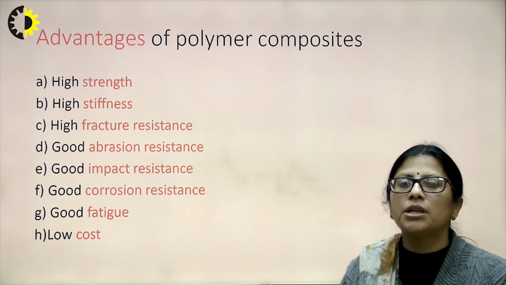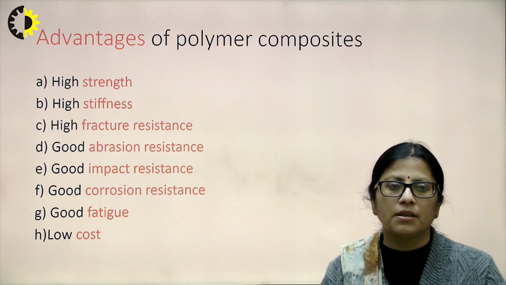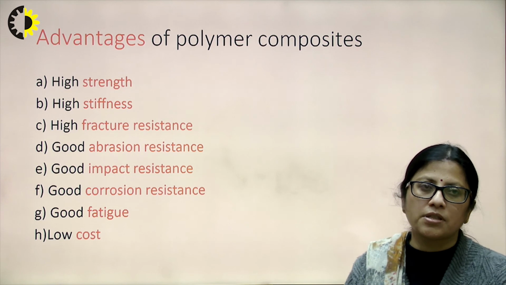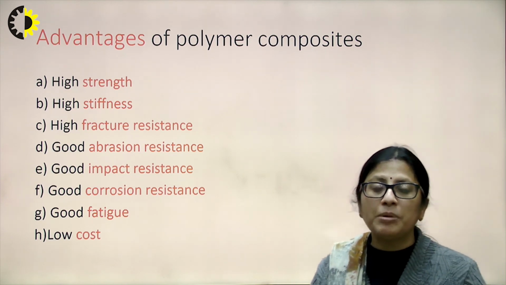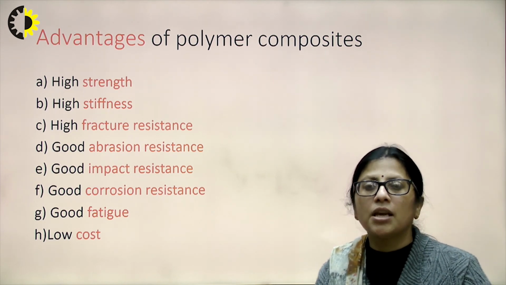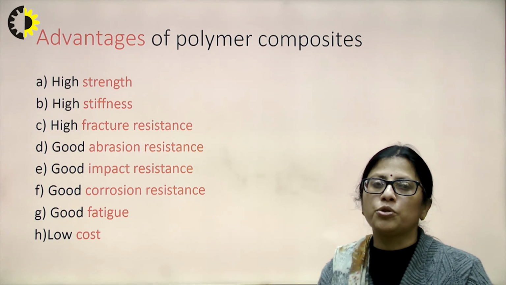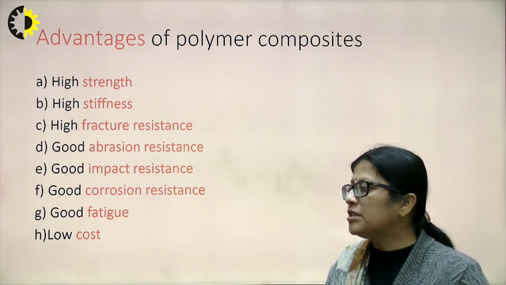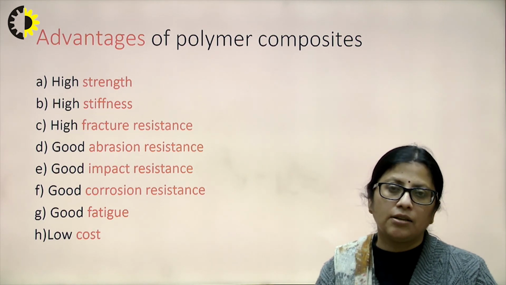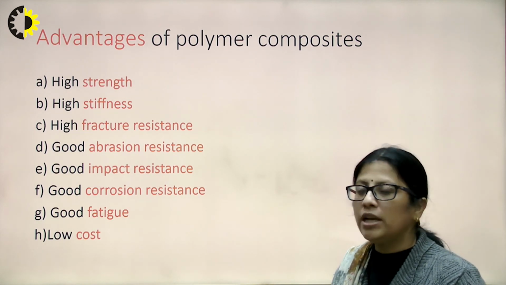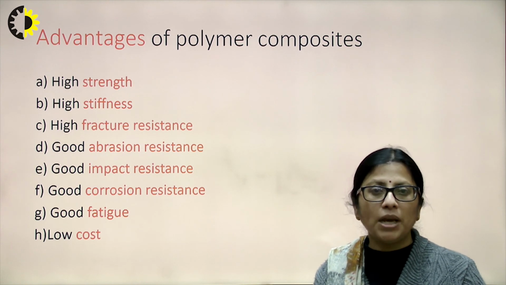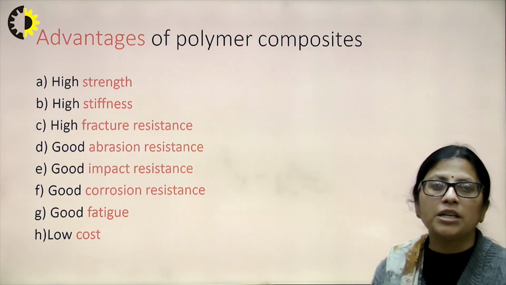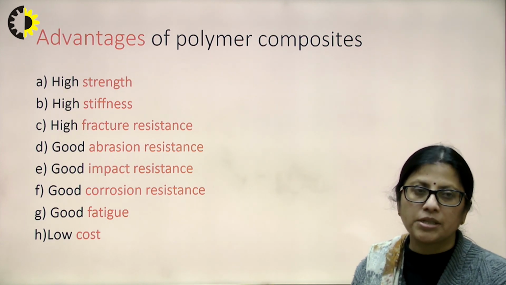Then they have good impact resistance, and good corrosion resistance because we are using the polymeric material as the matrix. They have good fatigue resistance, that means they do not get tired easily, and obviously they are low in cost and light in weight. So, these all are the advantages of the polymer composites.